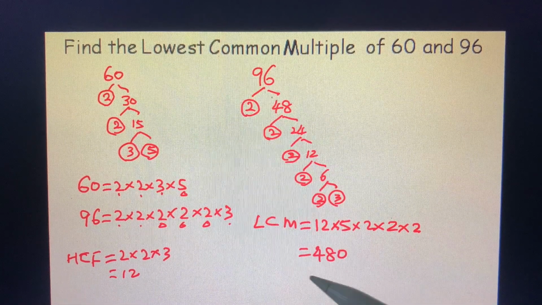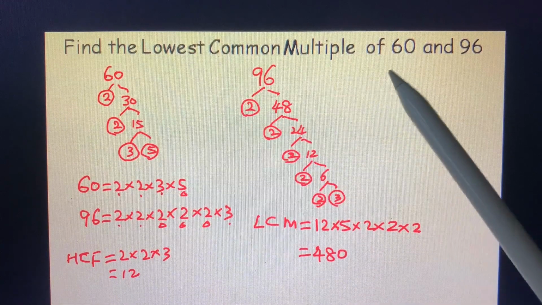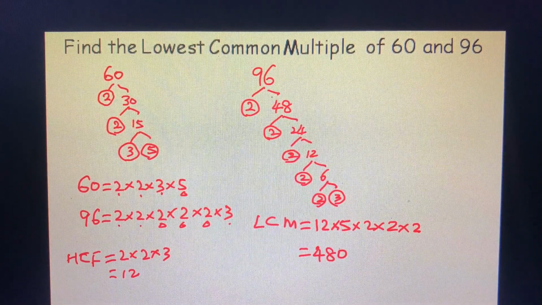So 480 is the lowest common multiple of 60 and 96.